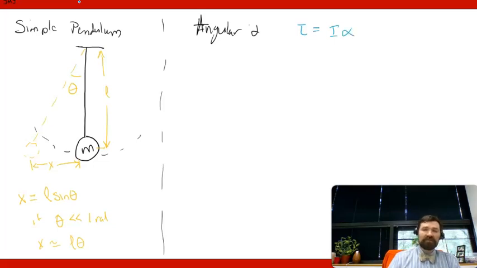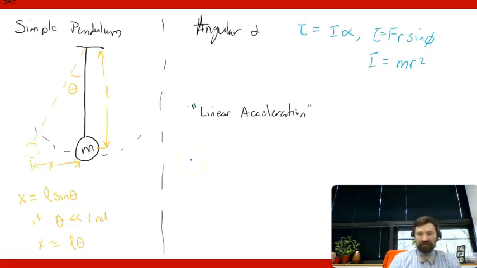And if we were to proceed that way, we would also have to recall that torque is equal to F times R times sine of whatever angle is between F and R. And we'd have to figure out what the moment of inertia is for essentially a massless string with a mass at the end. It'd look like m r squared.